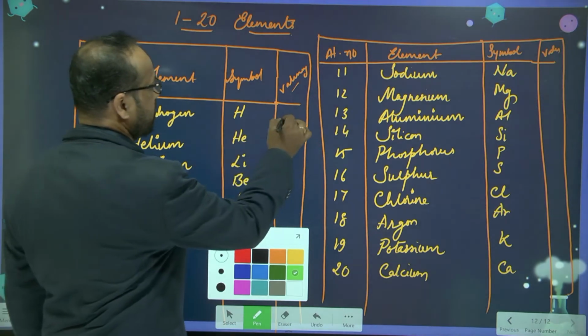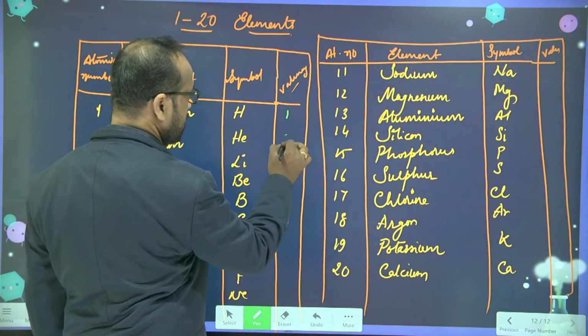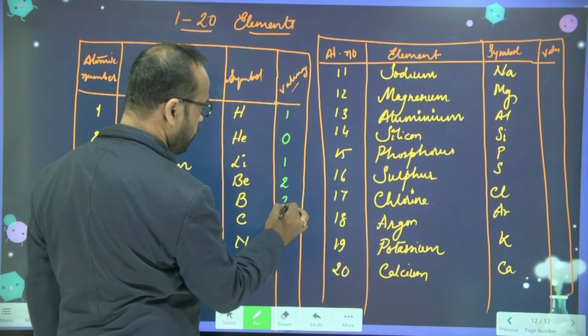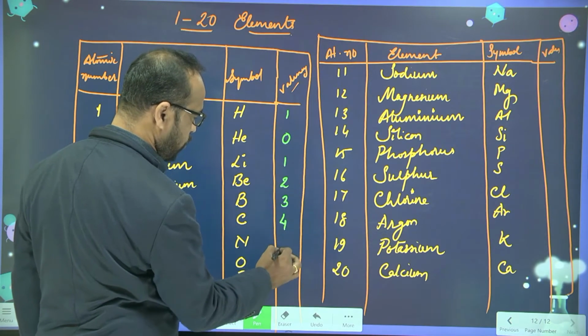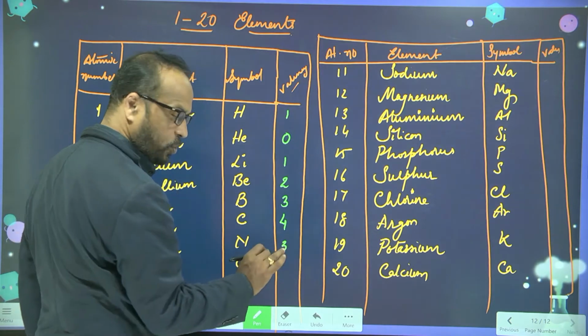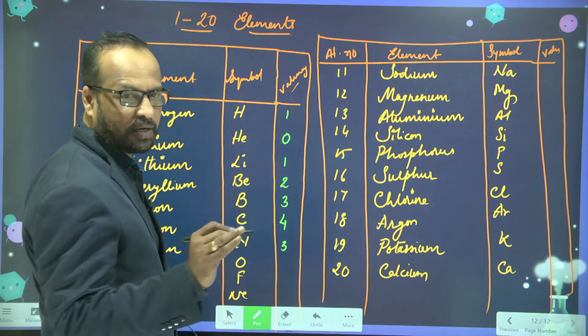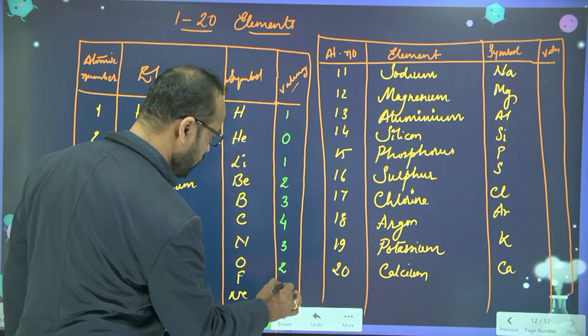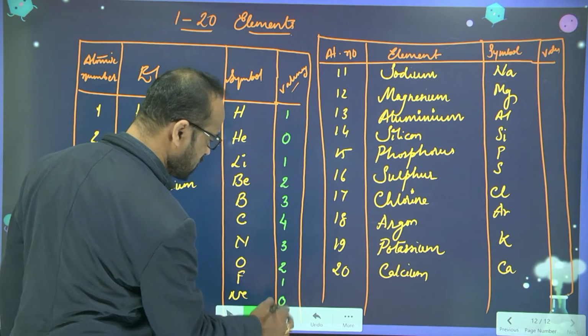So, hydrogen valency is 1, helium 0, lithium 1, beryllium 2, boron 3, carbon 4. Again nitrogen we write 3 only. Generally we have 3 and 5 that we discuss in the later classes. Okay. And oxygen 2, fluorine 1, neon 0.